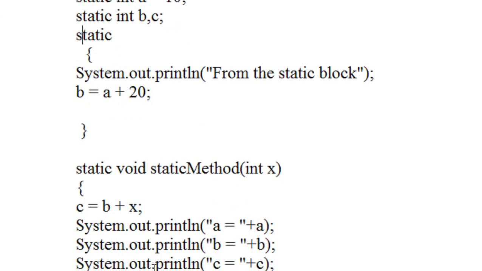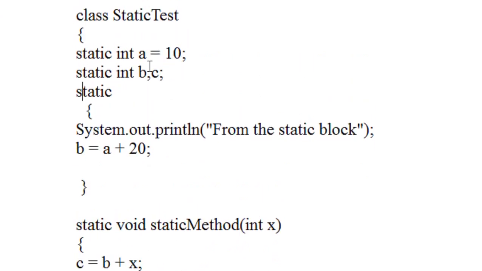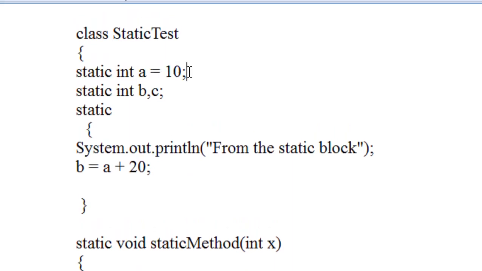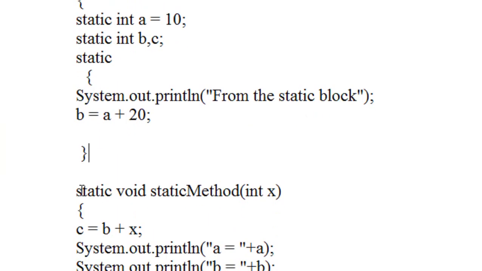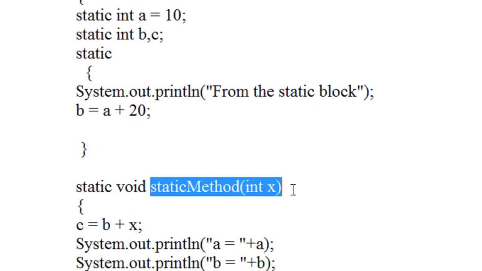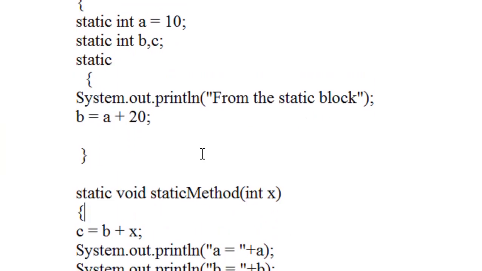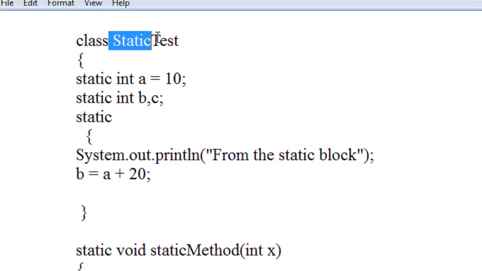So whenever we load the class, first the variable a is assigned 10, then this static block will execute. Also, it is possible to invoke a static method from outside of this class by using just the name of the class.